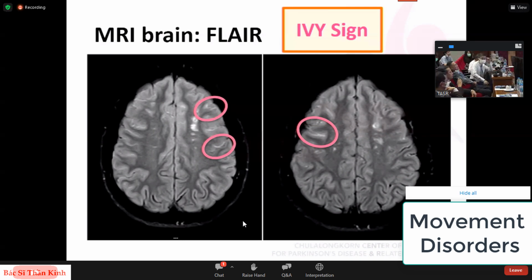So in this case, I think the patient has a hemichorea.